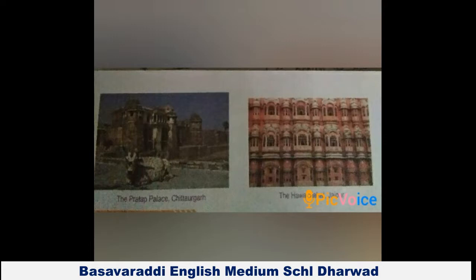And the Pratap Palace is situated in Chittorgarh, and the beautiful Hawa Mahal of Jaipur. Because of these attractive places, Jaipur is also known as the Pink City.